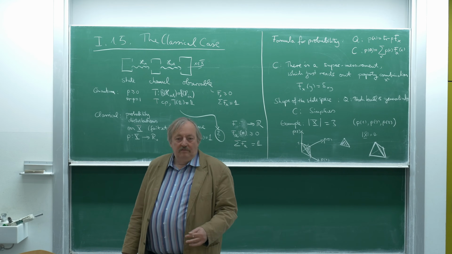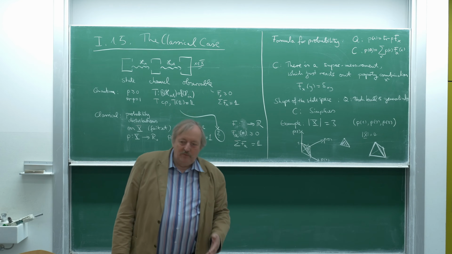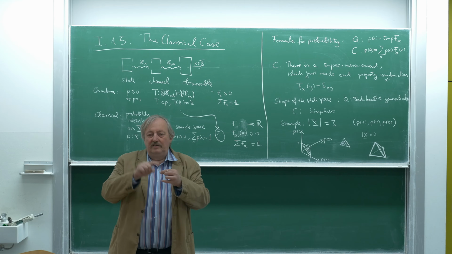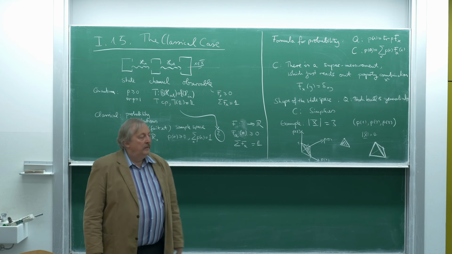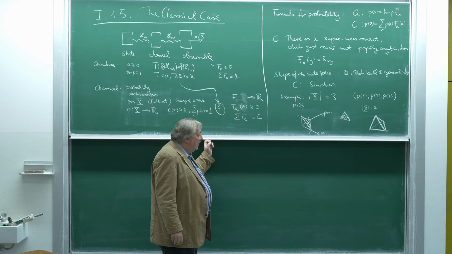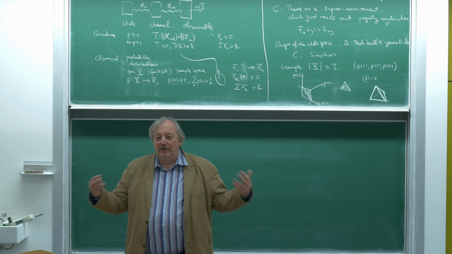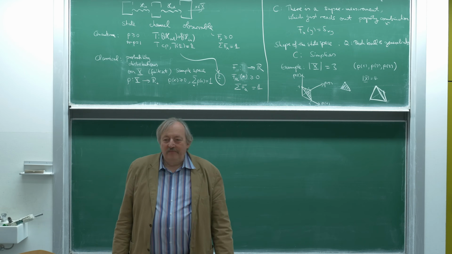And the succession of simplices with growing number of extreme points is a point, a line, a triangle, a tetrahedron, and so on. Actually, in infinite dimension, you get subtle differences between different infinite dimensional simplices, but that can wait, I think.